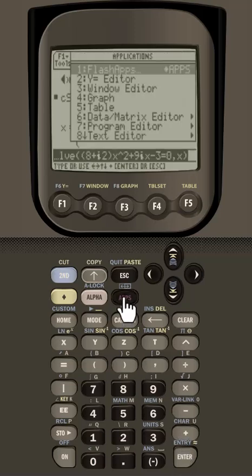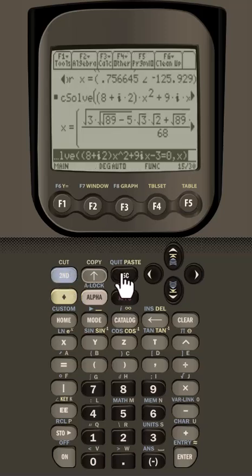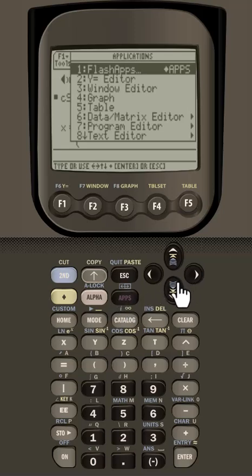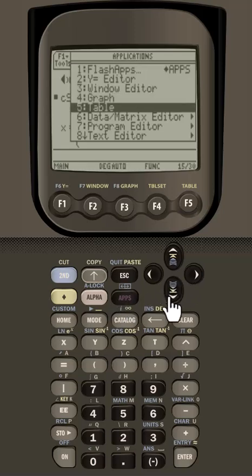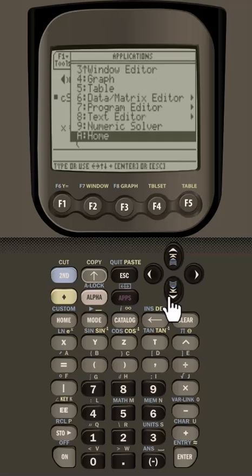Now, if you go to apps, actually, I'm just going to do second and quit and clear and go to the home screen. Second, quit. I guess this is all I'm going to get. Apps. So from the home screen, these are icons that you can click on.